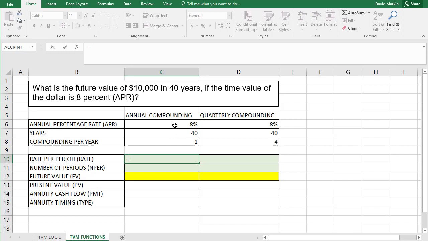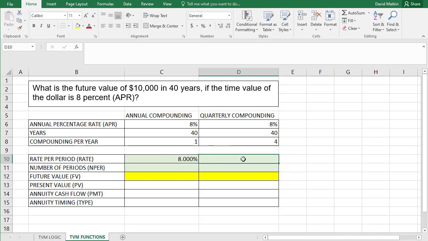So what is the interest rate? Well, it is the annual interest rate, but I'll take the APR and divide it by how many times I'm compounding per year. With an APR of 8% compounding annually, then the compounding per period, which is per year, is not surprisingly 8%.